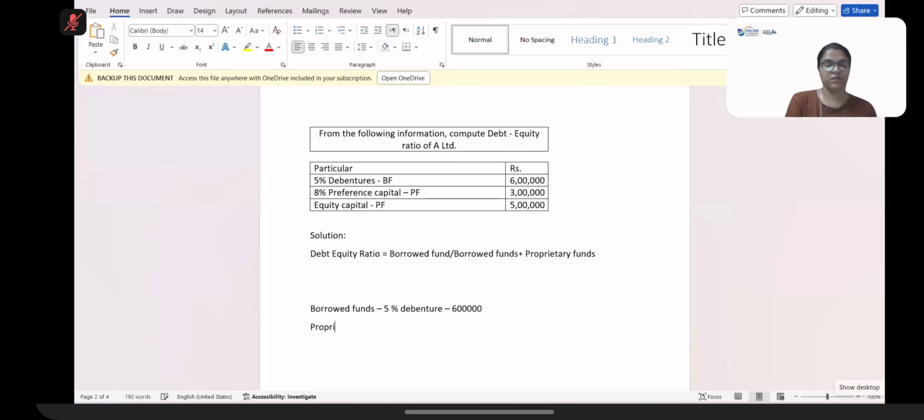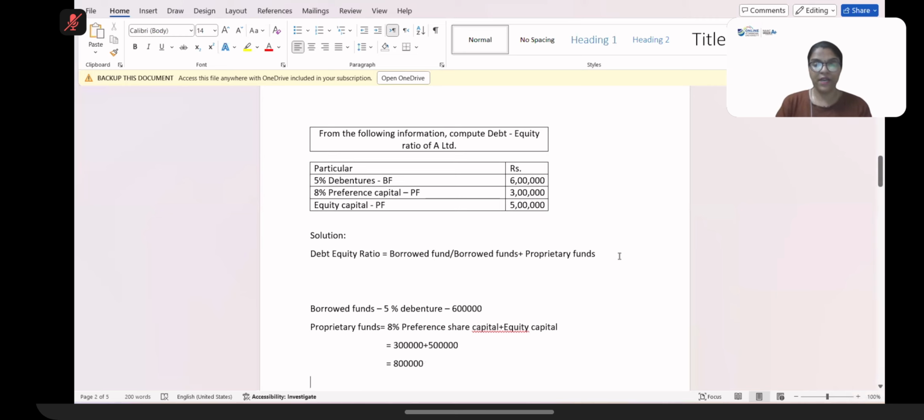Then proprietary funds is your 8% preference share capital plus equity capital. Okay. So the amount would be 3 lakh plus 5 lakh. That comes out to 8 lakh.